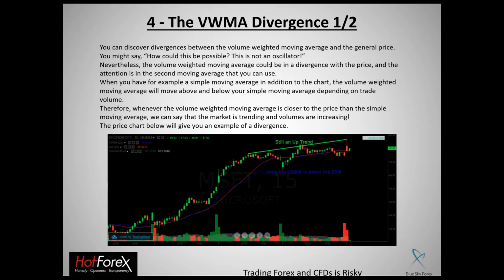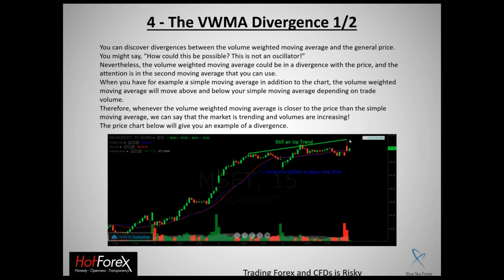Okay, now here you will not be dealing with one single line where a single oscillator can make either lower highs based on the price or higher lows. You will just need to compare the relation between the simple moving average and the volume weighted moving average and what the price is doing.